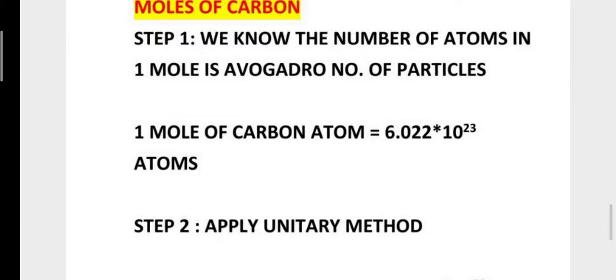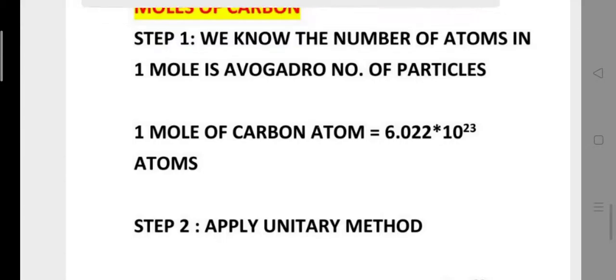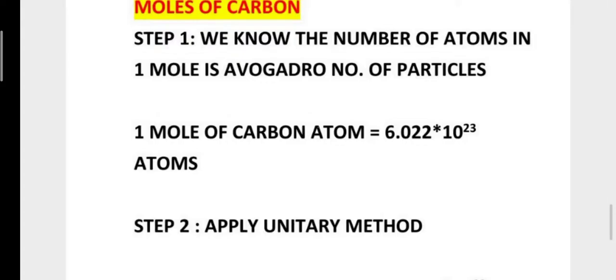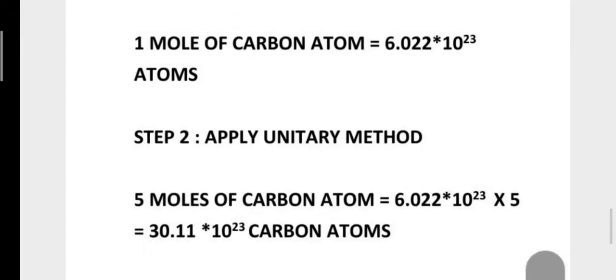So 1 mole of carbon will be equal to 6.022 into 10 to the power of 23 atoms. Next we apply the unitary method. If 1 mole of carbon atom contains 6.022 into 10 to the power of 23 atoms, then how much will 5 moles contain? Just multiply it with 5. You will get the number of carbon atoms.